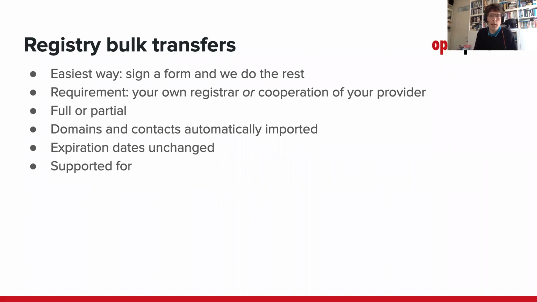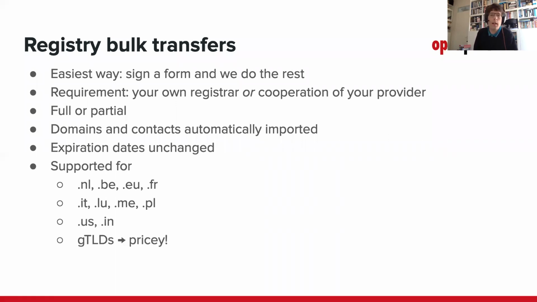Registry bulk transfers are supported for quite a lot of extensions, and the list is absolutely not complete. If you are a registrar yourself and want to move domains from another registry, let us know. We can check what's possible and also inform you about the costs. The last one I wrote down here is gTLDs.